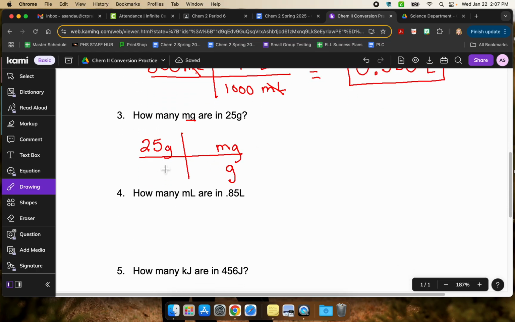So for every 1 gram, there are 1,000 milligrams. So you multiply across the tops, 25 times 1,000, divide by the bottoms, and you should get 25,000. And my grams cancel, which means I'm left with milligrams for my unit.